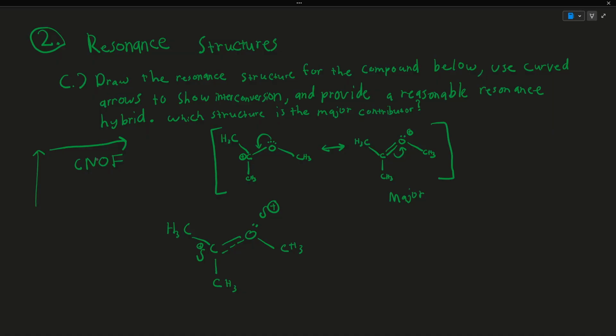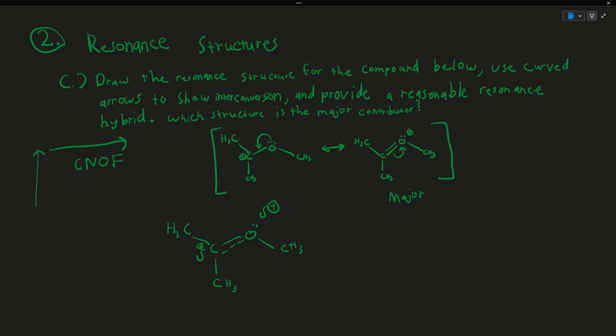And so we can see that based on this trend, oxygen is more electronegative than carbon, and so that would mean that the oxygen is more likely to want the charge than the carbon does, right? And so that is also the other reason why this one's the major, because the charge is on the more electronegative atom.